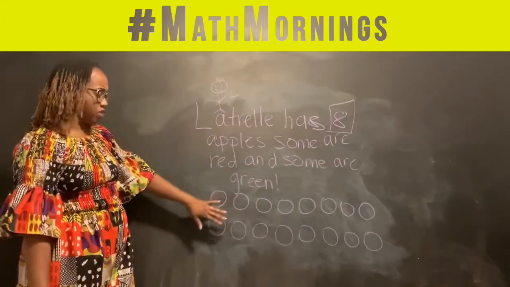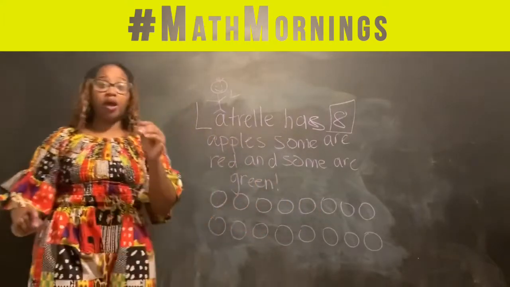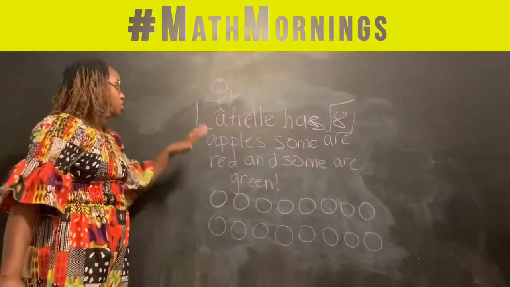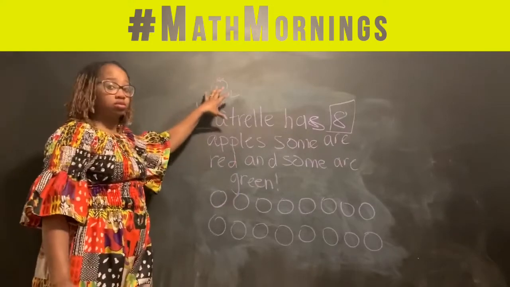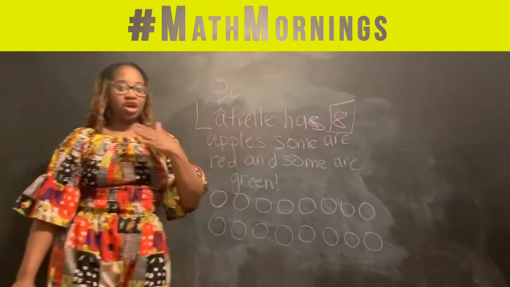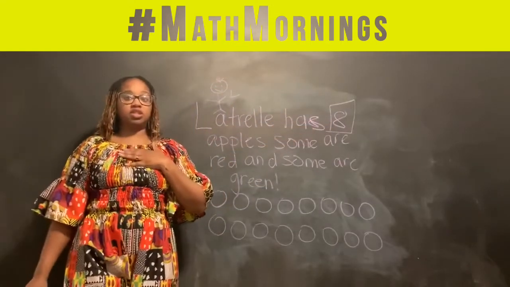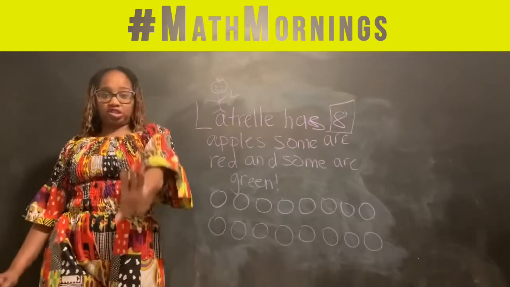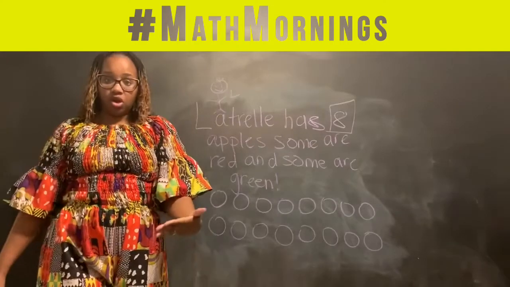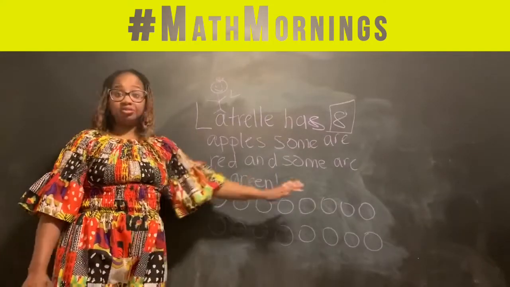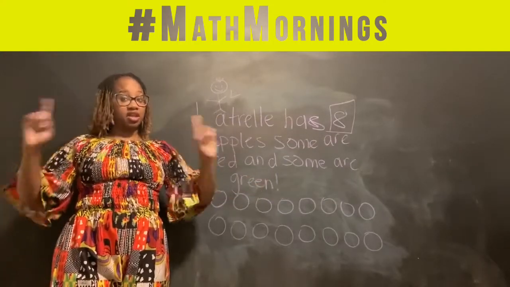We're going to talk about red and green, so we're going to make our apples red and green. I know that Latrell has 8 apples. Here's Latrell. Here's the number 8. Now what I have to do as the mathematician is give an answer. How many red? How many green? As long as I keep that 8 in mind, that's all I have to worry about.